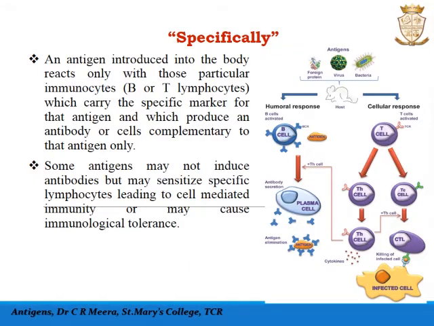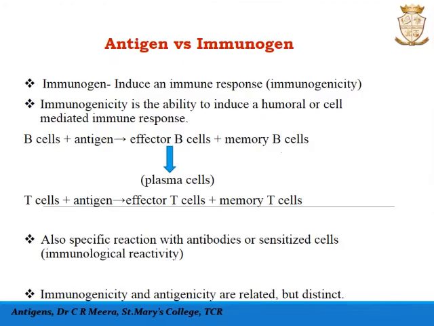However, cross reactions may occur between closely related antigens. On the other hand, the antigens that bind to T lymphocytes may not induce the direct production of antibodies. They will sensitize the lymphocytes, leading to cell-mediated immunity. So that was all about what antigens are.